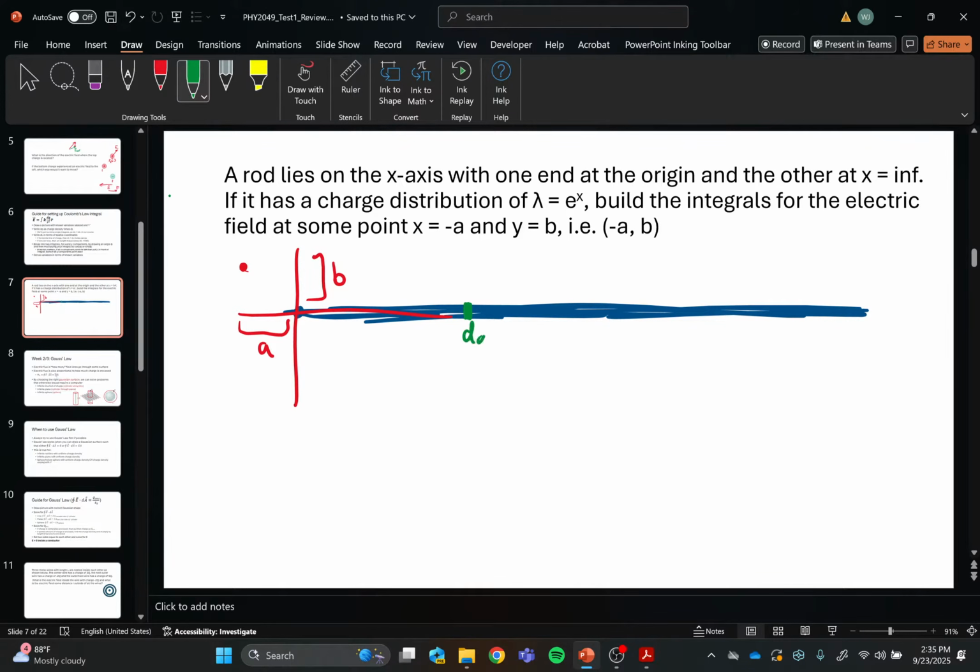Pick a tiny little dq. Pick a random spot on that wire. I don't care where you pick. Pick a little tiny dq and draw what the field would look like at that point due to that little dq.